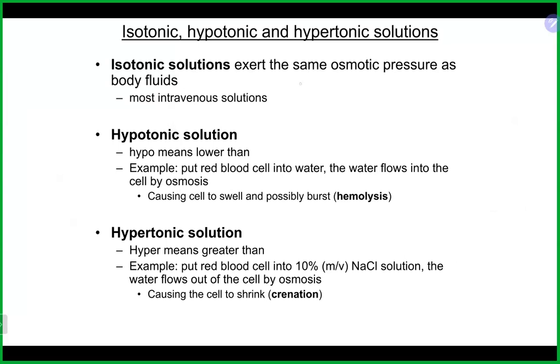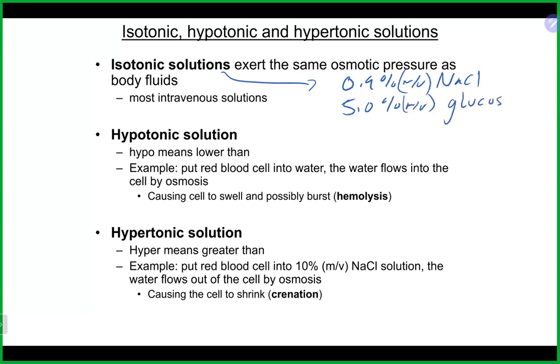So what's considered an isotonic solution? 0.9% mass to volume sodium chloride or saline solution. Could be any type, potassium chloride, whatever it may be. And 5% glucose is considered isotonic. A sugar solution and a salt solution, basically, or a saline solution.